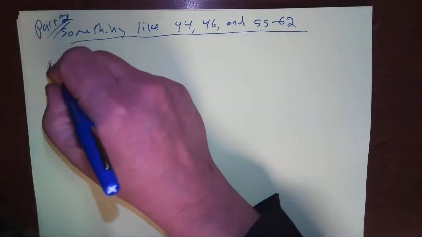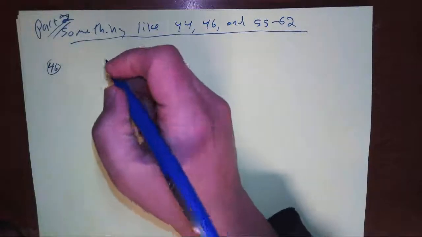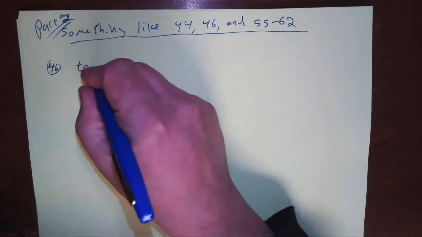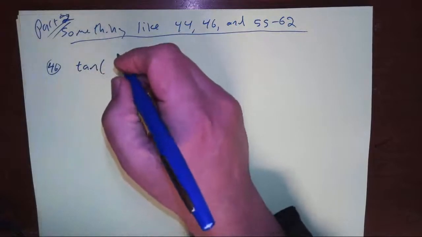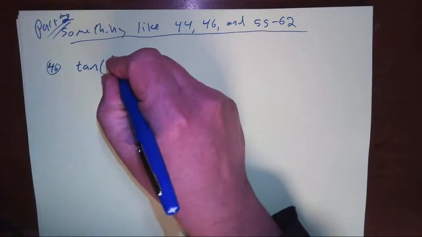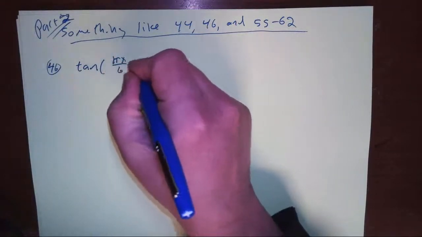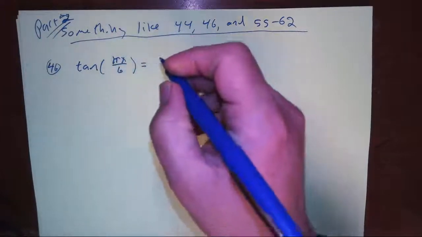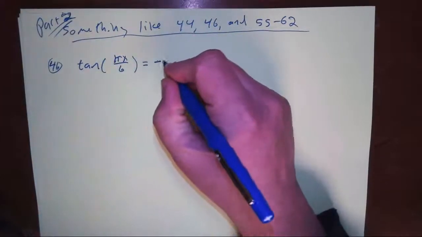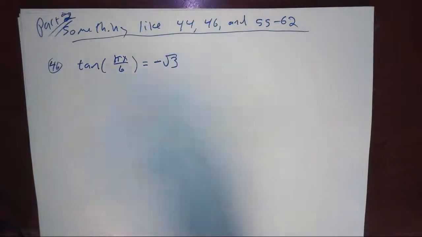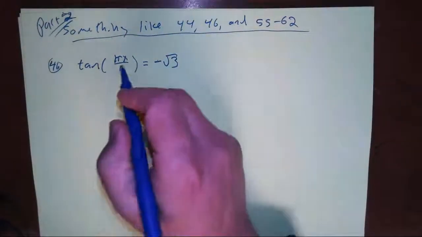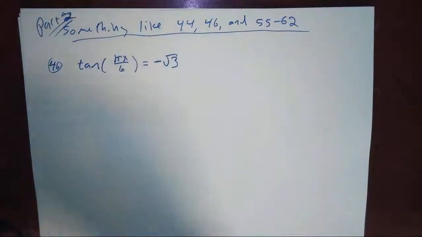So when I say 46, this is not 46, but it's something like 46. Maybe it is tangent of pi x over 6 is equal to, let's just say, negative square root of 3. This is how it wrote it here, which is a little strange.